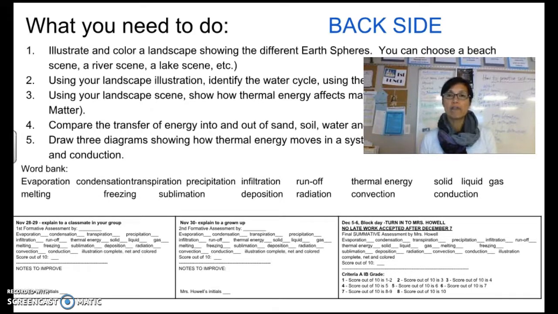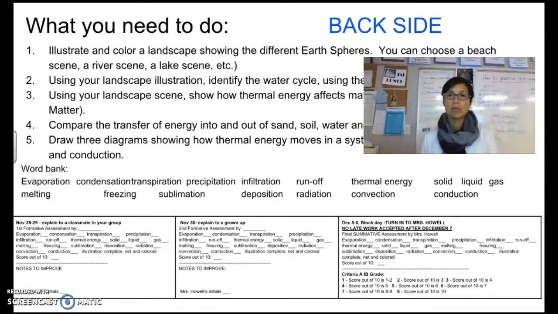So far we have covered the different Earth spheres, and we have covered how thermal energy affects the states of matter at the particle level. And we are just finishing up comparing the transfer of energy into and out of different materials, namely sand, soil, water, and plants.